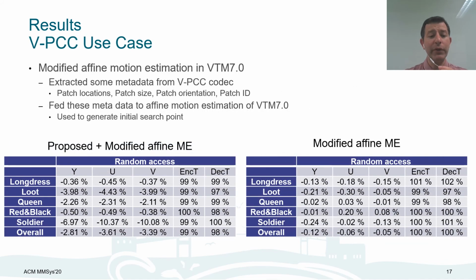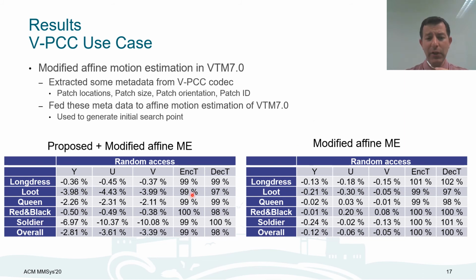But we also tested in the VPCC use case. For this one, we had to modify the motion estimation in VTM to capture this 90-degree rotation. We extracted some metadata from the VPCC codec and fed it to VVC, or VTM. With that, we were able to do the motion estimation and compensation more easily.